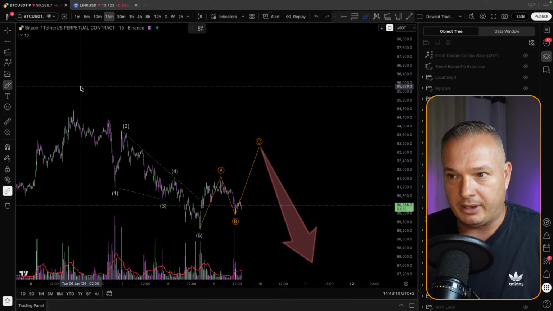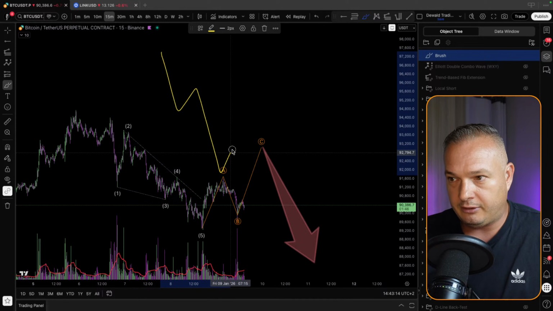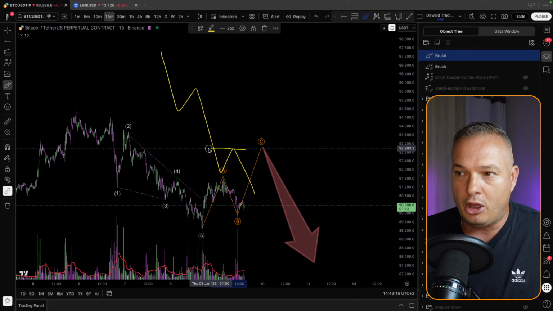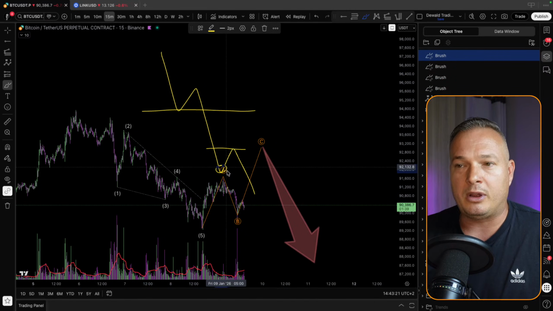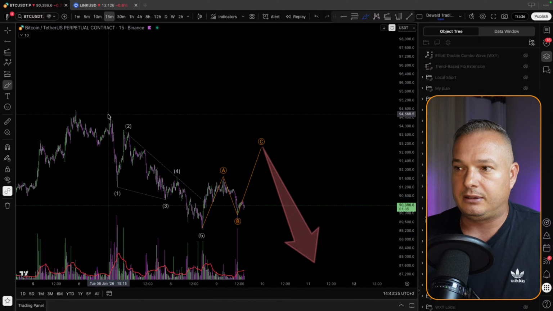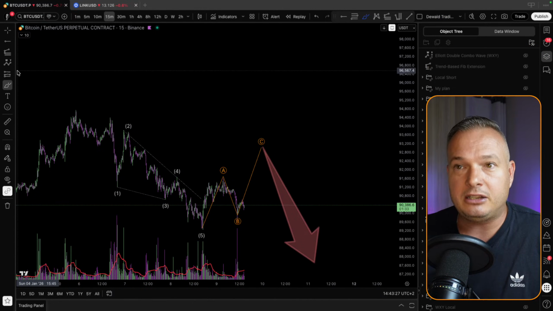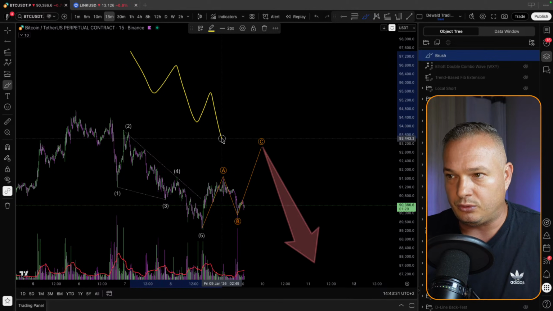Your most common impulsive structure is a 1, 2, 3, 4, 5. No overlap. Your third wave taps the 1.618 and maybe the 2 extension, like I explained yesterday. Okay. Then your second most common impulse is multi 1-2s. 1, 2, 1, 2, 1, 2.